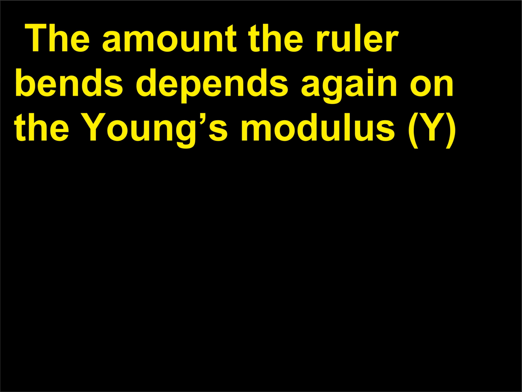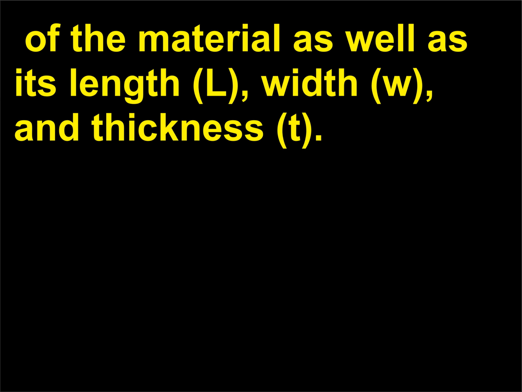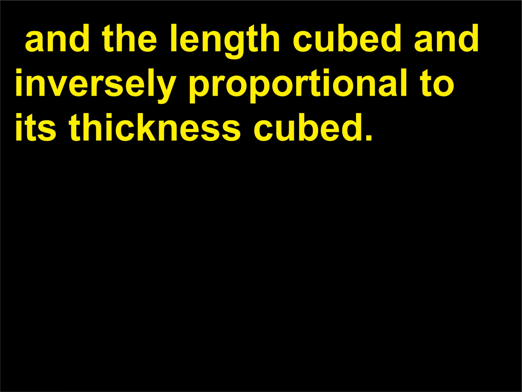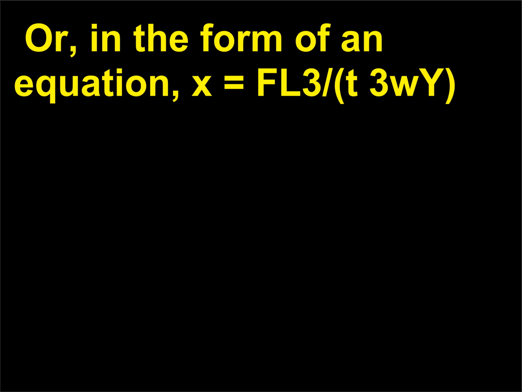The amount the ruler bends depends again on the Young's modulus, Y, of the material as well as its length, L, width, W, and thickness, T. The bending, X, is proportional to the force applied, F, and the length cubed and inversely proportional to its thickness cubed. Or, in the form of an equation, X equals F L^3 / (T^3 W Y).